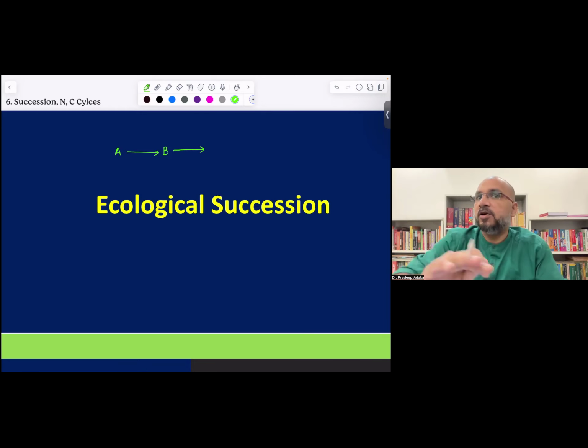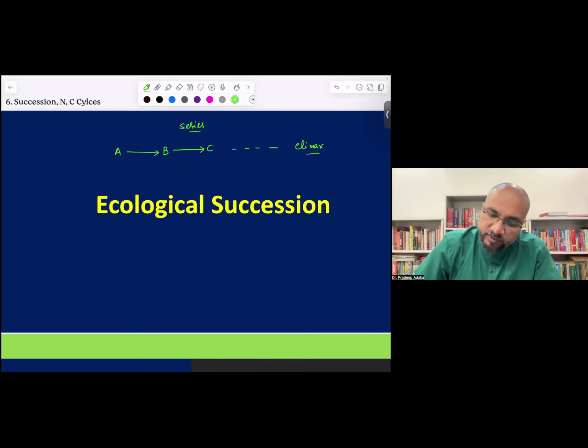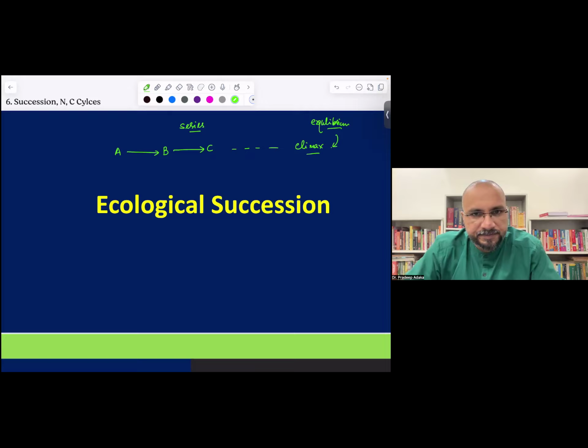Now it is no longer favorable for B, so species C will take place. This will happen in a series of steps, and ultimately you will have a climax species. So this is in equilibrium with the environment.